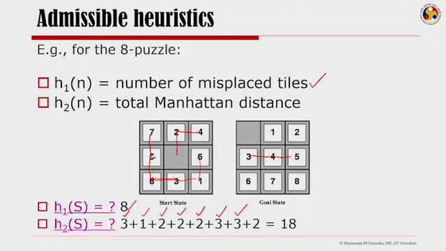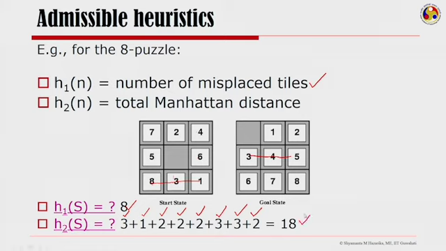And number 8, if you see, has to be pushed to the extreme right, so 1 step, 2 steps, so 2. So the total number of moves required for the Manhattan distance heuristic is 18.